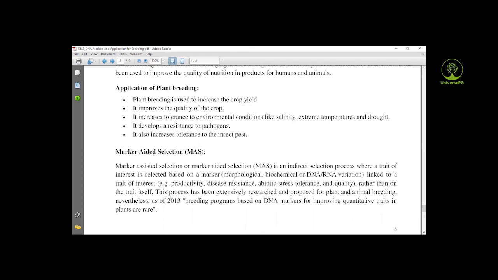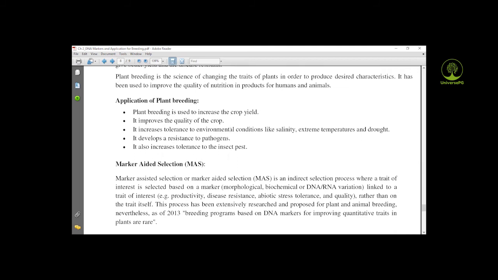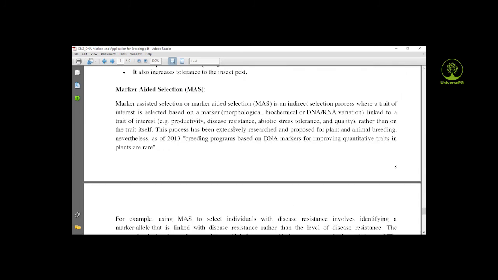It develops resistance to pathogens. It also increases tolerance to insect pests. Those are the basic applications of plant breeding for the improvement of crop yield.